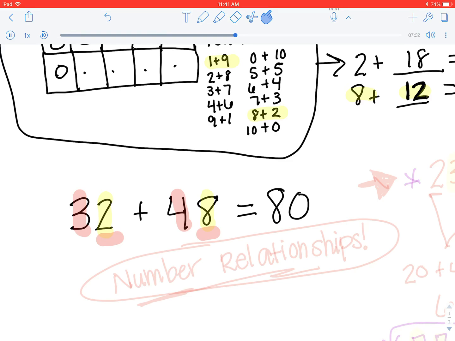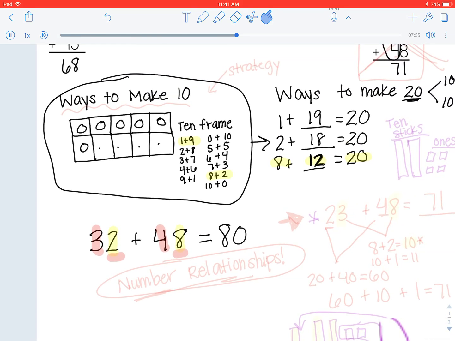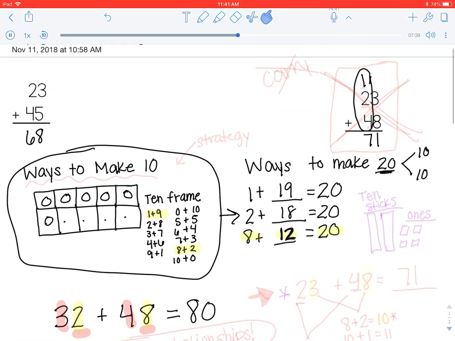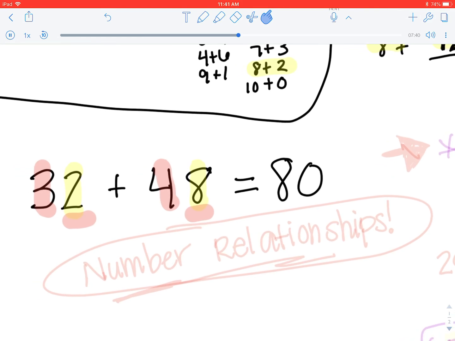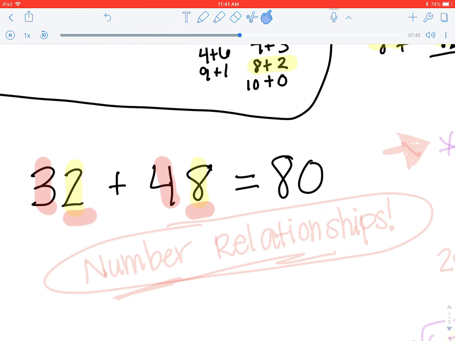In this way, they're getting away from having to sit down, write it out vertically, and line it up. They're actually thinking about the number relationships instead of a process.